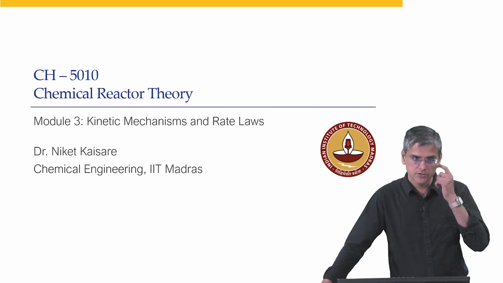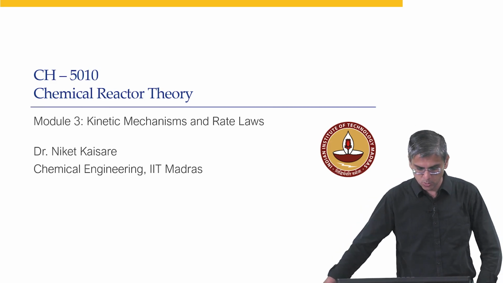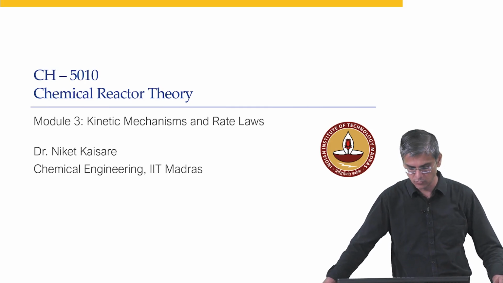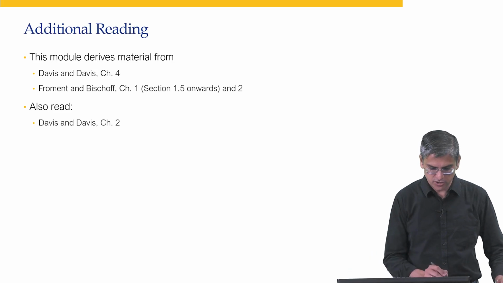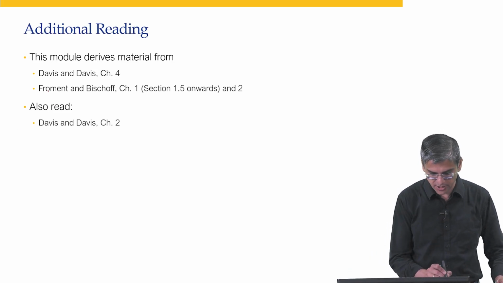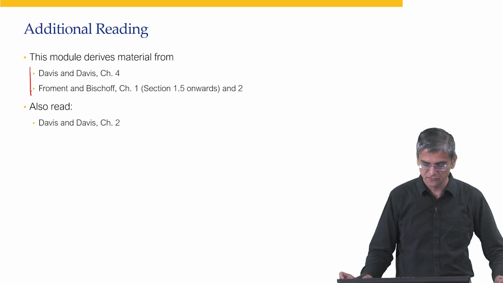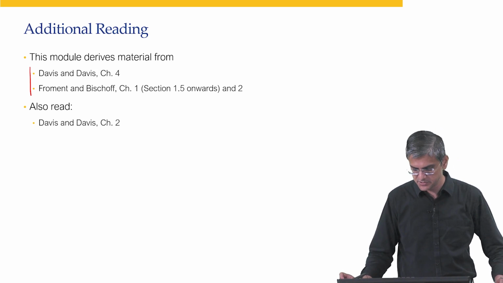In the next class, I am going to start with module 3, giving you an idea of what we are going to do in module 3. What can you look at for module 3 and module 4? You can look at Davis and Davis chapter 4, Froment and Bischoff chapter 1, and also read Davis and Davis chapter 2 for some additional background information.